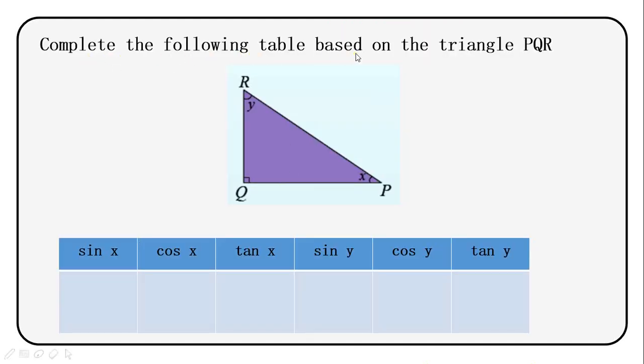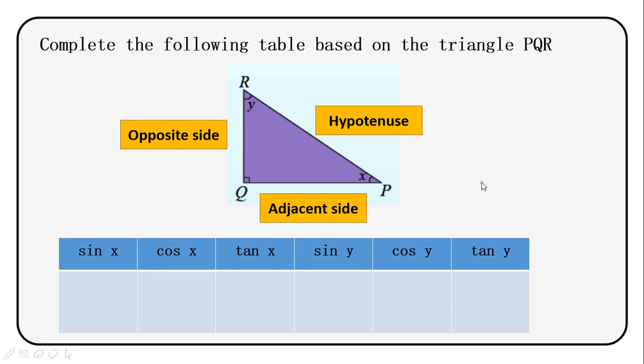Next, complete the following table based on the triangle PQR. So this is angle x. For sine x, cos x, tangent x, we refer to this angle x. So identify the hypotenuse, the opposite side and the adjacent side.